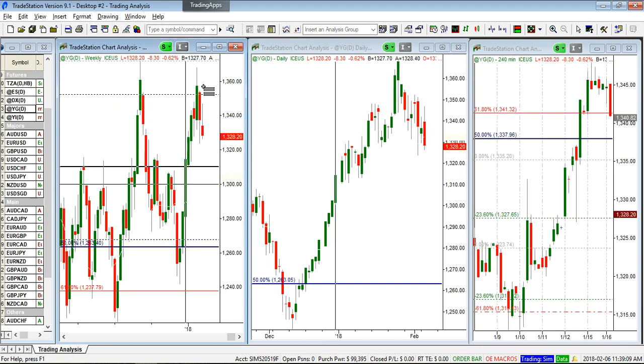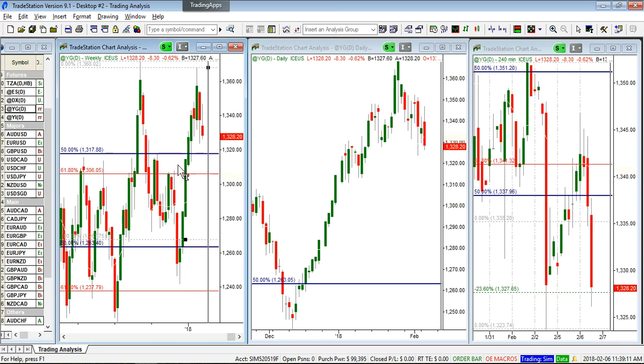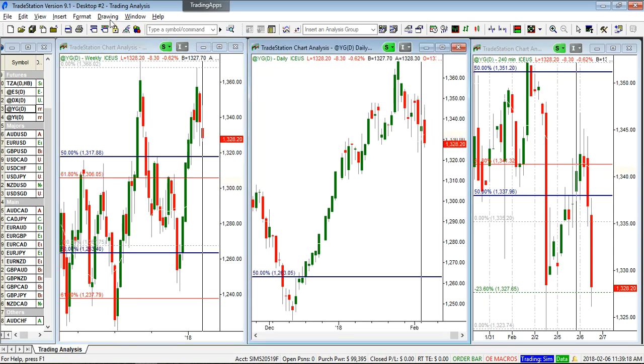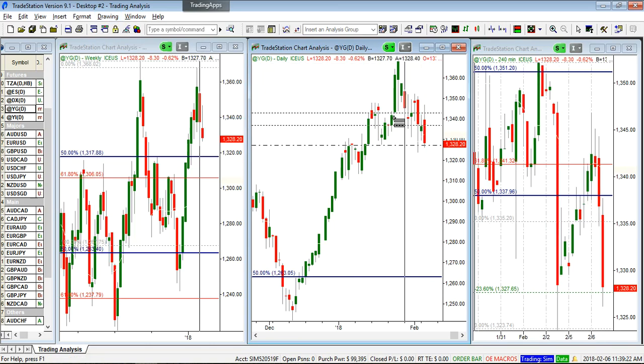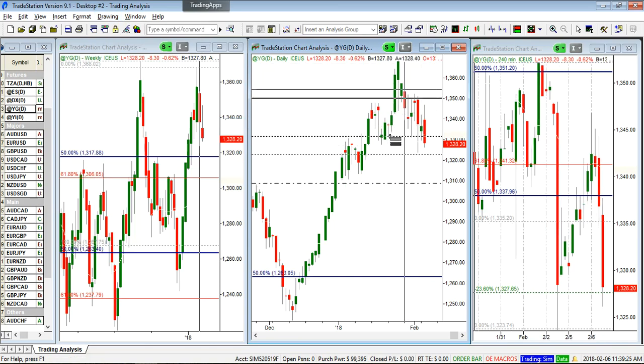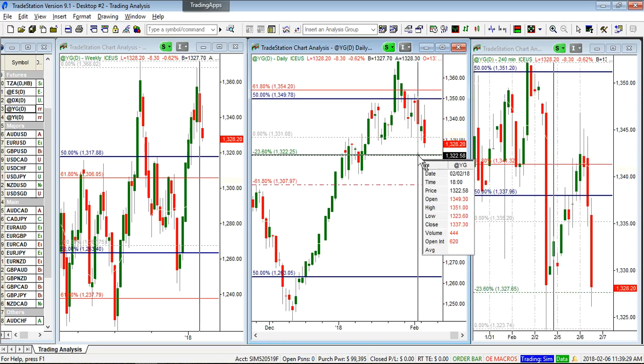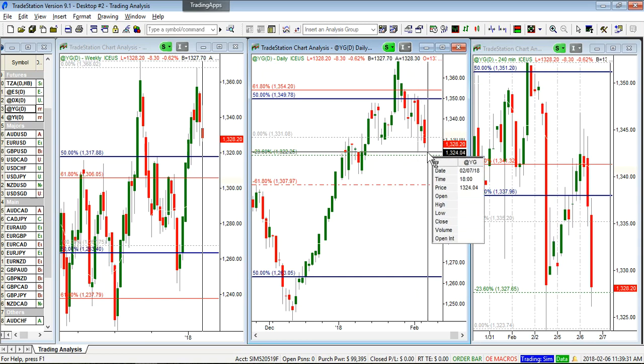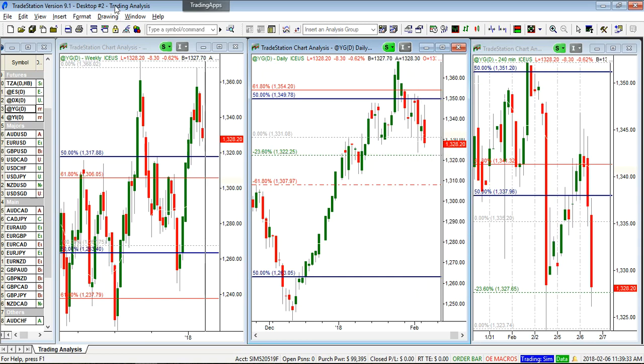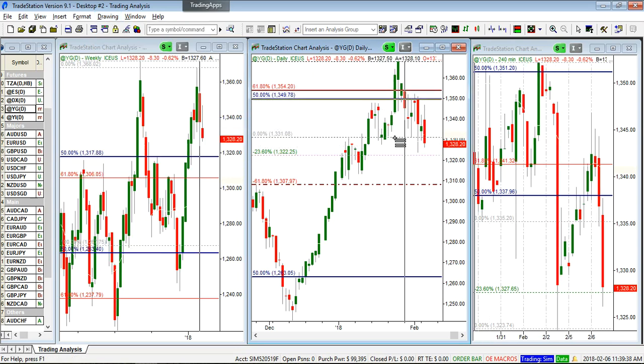We are going to use the highs to highs. 1317 could come into play here, and when we look at the daily time frame, the highs to lows has traded, and 1322, the low 1323 has traded, and the market went to retrace all the way halfway back here.